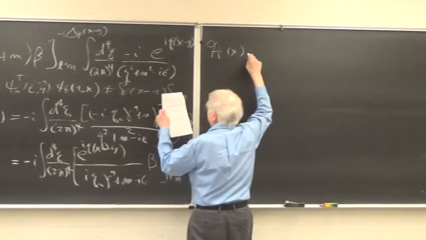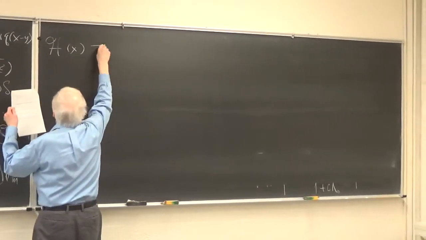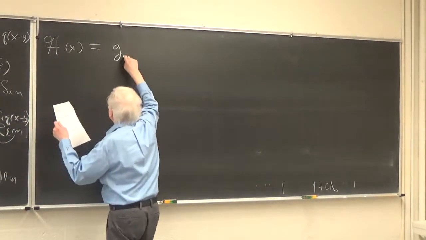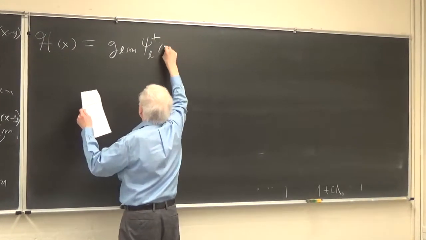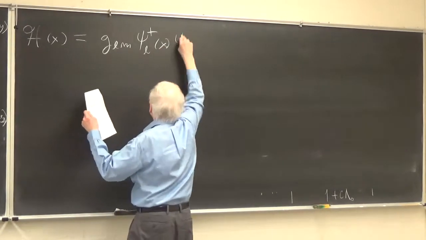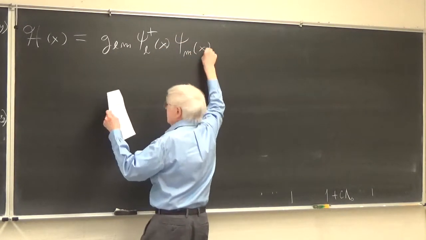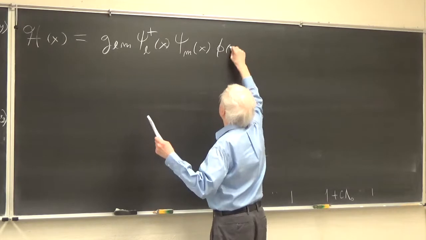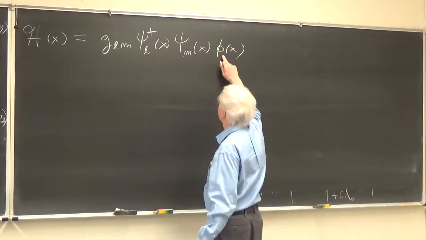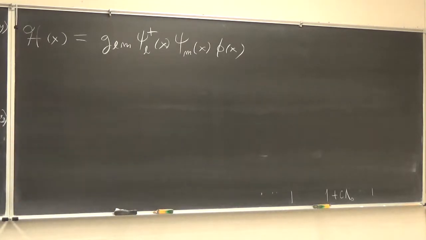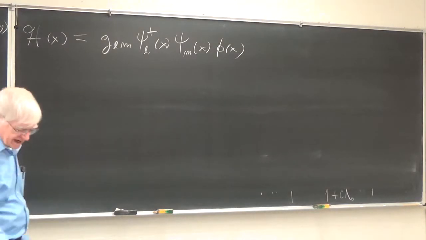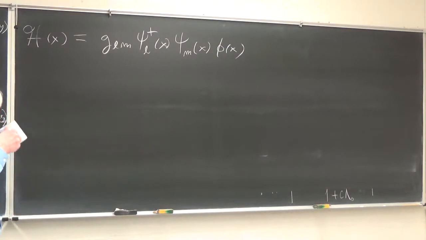This is just the interaction part of the Hamiltonian density: G_LM psi_L dagger of x, psi_M of x, phi of x. Weinberg considers something more general. He puts an index k on this and gives G three indices, and I thought, well, we don't need that much generality.